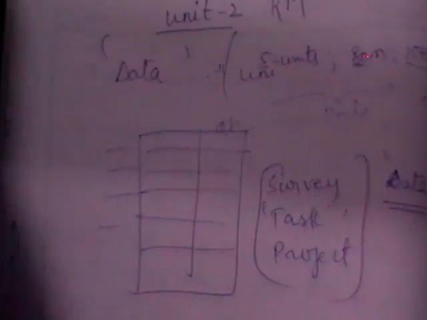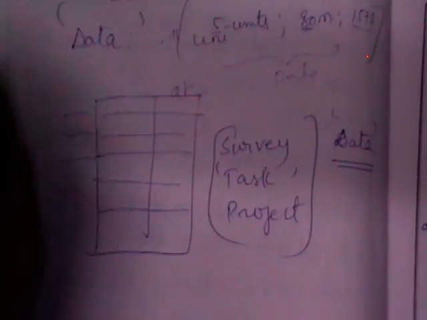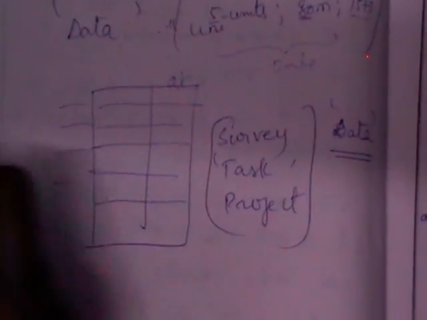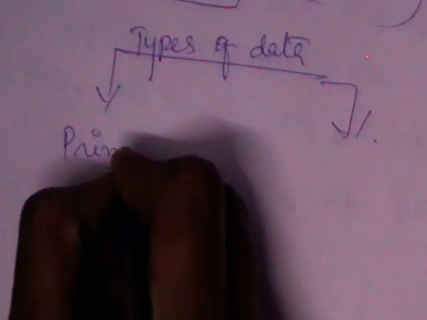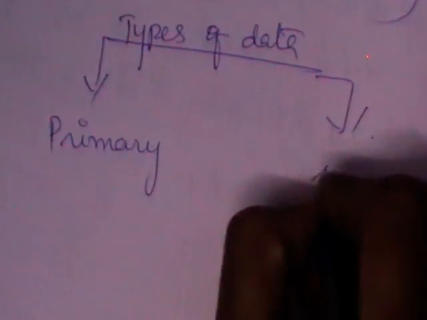Now, what are the types of data? We have two types of data, which are nothing but primary data and secondary data.